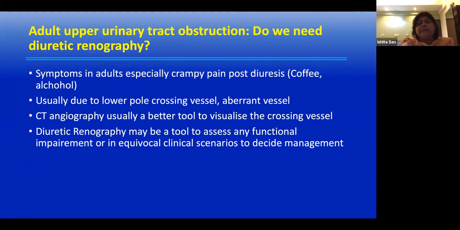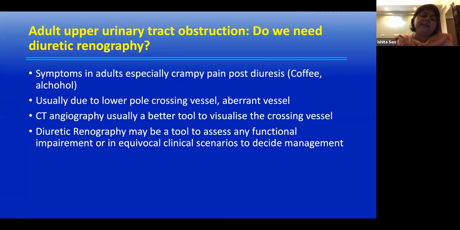There have been a lot of questions about whether we really need diuretic renography, and slowly I think people are moving on to CT urography or MR urography in patients, especially in adults, where the cause of obstructive uropathy is usually due to a lower pole crossing vessel or an aberrant vessel or a renal calculus or a renal mass.